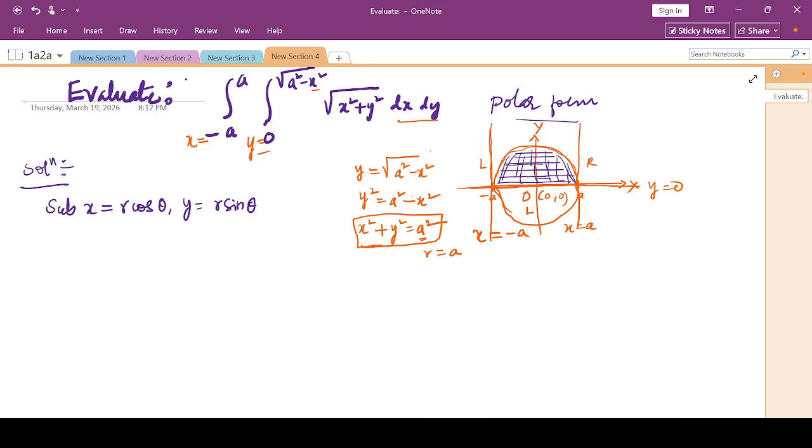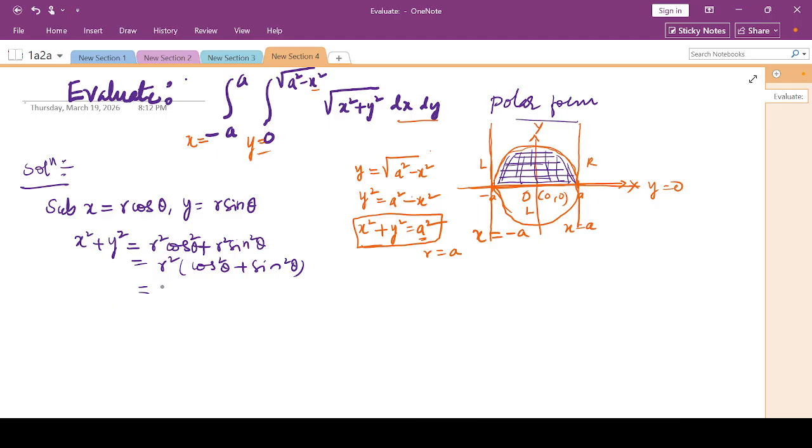On squaring and adding, x square plus y square becomes r square cos square theta plus r square sin square theta. r square is common, so you get cos square theta plus sin square theta, which is 1.